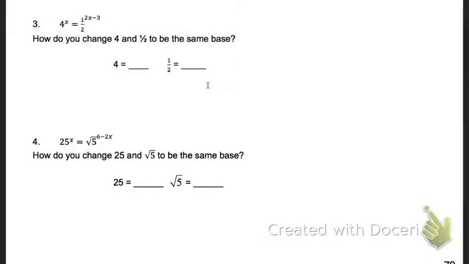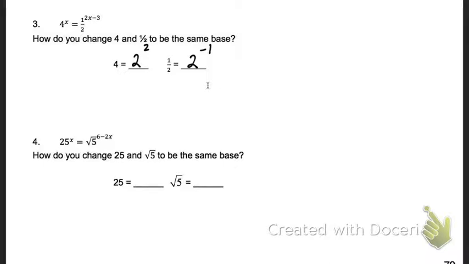Now, sometimes what I like to do is change both bases to have the same base. So 4 and 1/2 have what base in common? 2. So how can I rewrite 4 with a base of 2? 2 squared. And how can I write 1/2 with a base of 2? 2 to the what? Negative 1, right?